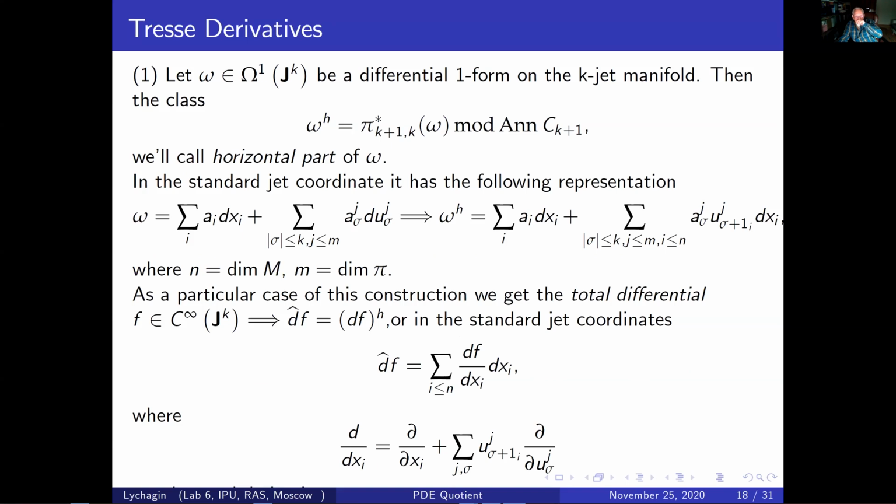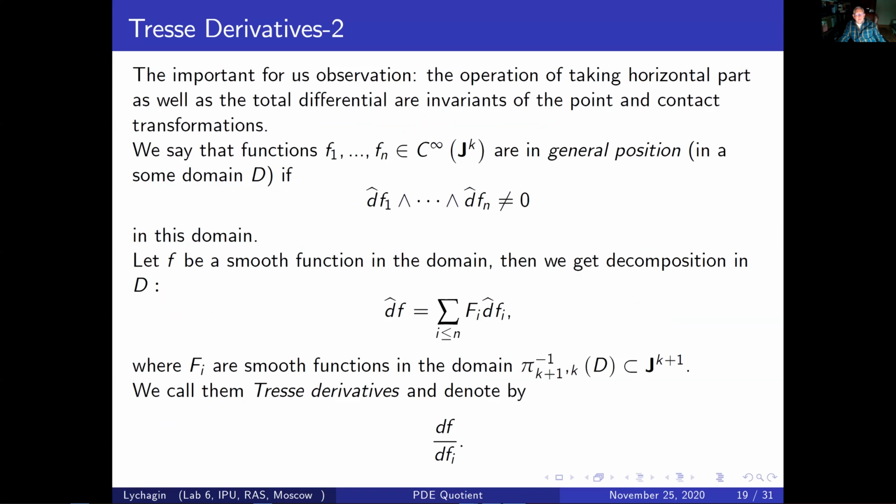This construction allows me to introduce an important operation over invariants. Let's take n functions on k-jets, where n is exactly the dimension of the base of our bundle pi. We say these functions are independent if their total differentials are linearly independent.